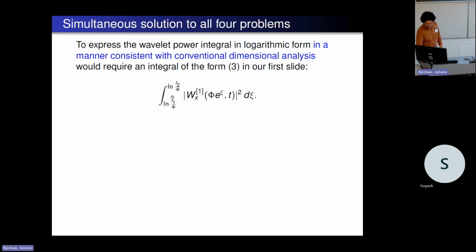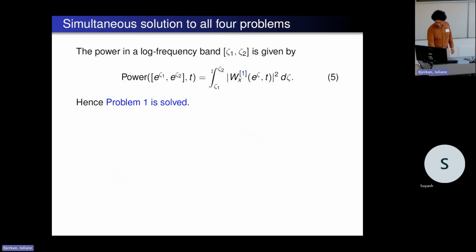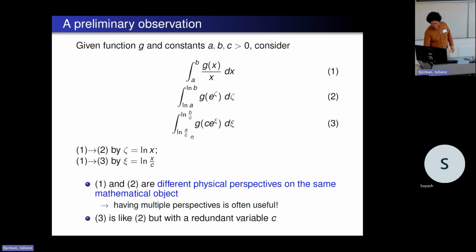The expression for wavelet power using this logarithmic frequency approach, if I want to do it in a way that is consistent with the conventional approach to dimensional analysis, where you multiply units and raise them to powers, but you can't take a logarithm of one, then it needs to be of the form 3 in my first slide, right? That's the one with the redundant c, this extra complicated one that was the most unsimplified.